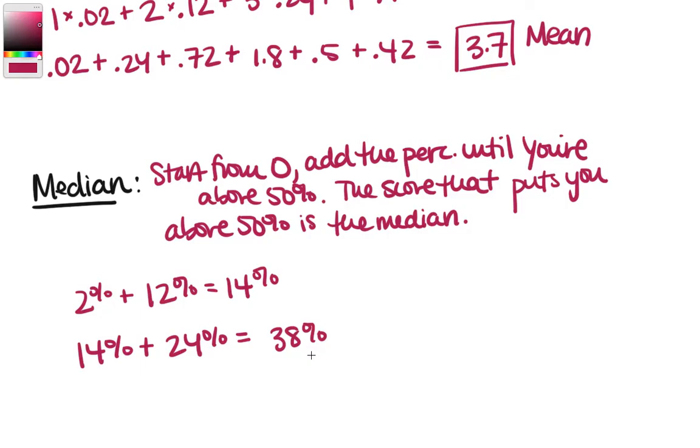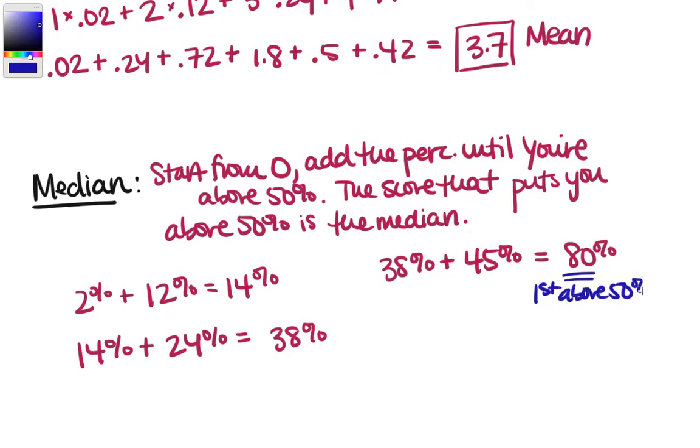And now let's go ahead and add in the 4s there. We had 38% was our previous total. 45% was the percentage that scored a 4. And we add that together and we get to 80%. And so now, right, this is the first one above 50 that we've gotten.